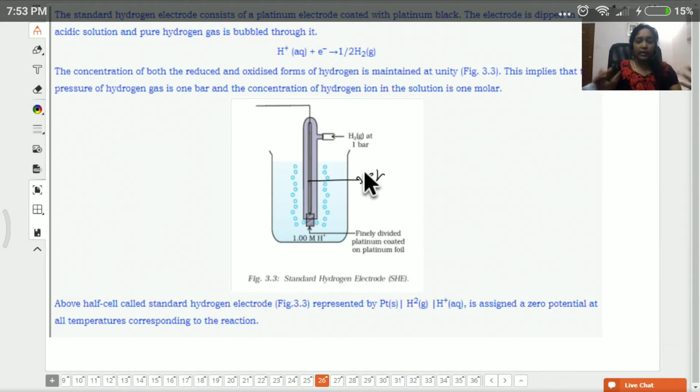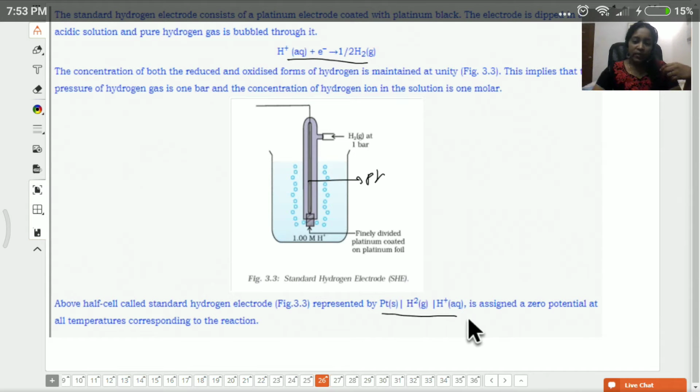You'll learn a lot about that in surface chemistry, the chapter which you have. It is immersed in a solution of an acid, usually 1 molar HCl, and hydrogen gas is constantly bubbled. So you will have this reaction happening: H+ ions from the medium undergoing reduction and forming hydrogen gas.